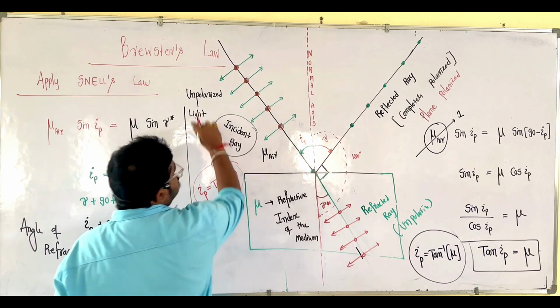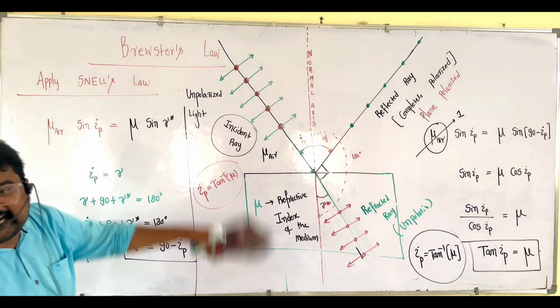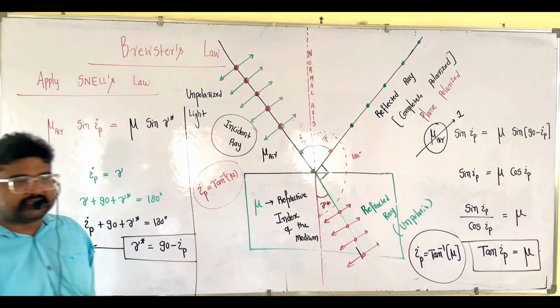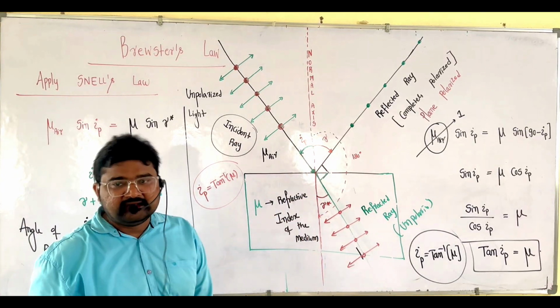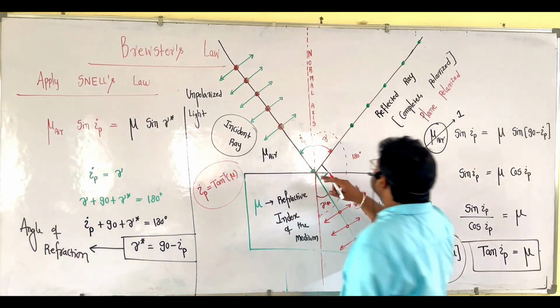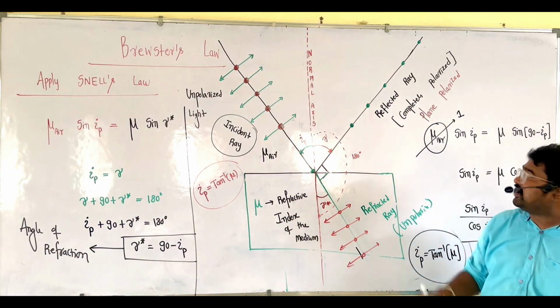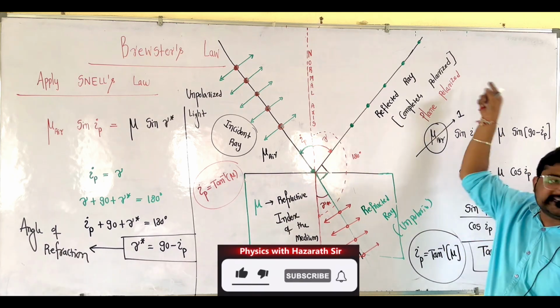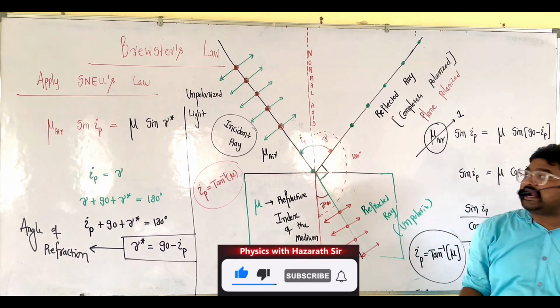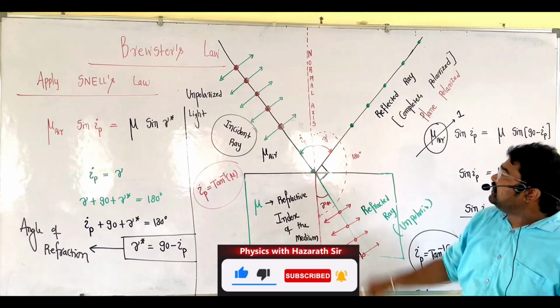Here is the outline of Brewster's law. The incident ray is what? Unpolarized light, incident on the surface. Clear? Here some amount is what? Reflected. So the reflected ray must be completely polarized, in the plane polarized condition. What is the one more condition for Brewster's law?